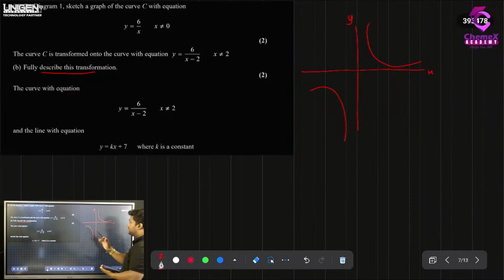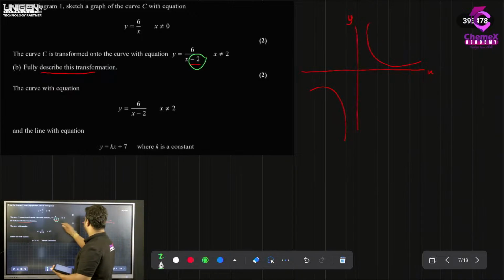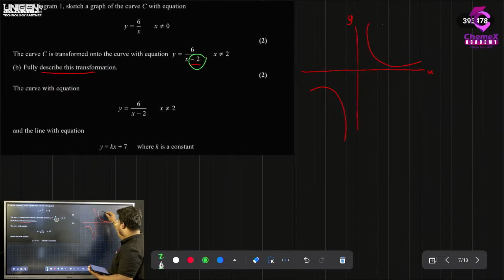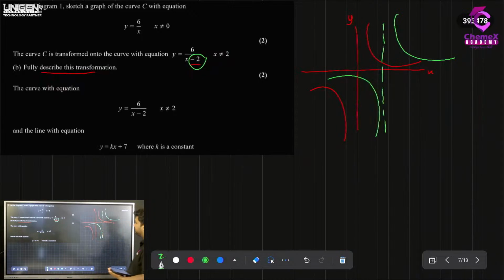So if you get this minus 2, what does that mean? It has translated where? To the right. Since it's minus, it's to the right, 2 steps. So your x-axis is going to be somewhere, y-axis here, and your graph is going to go like this. Do you understand?